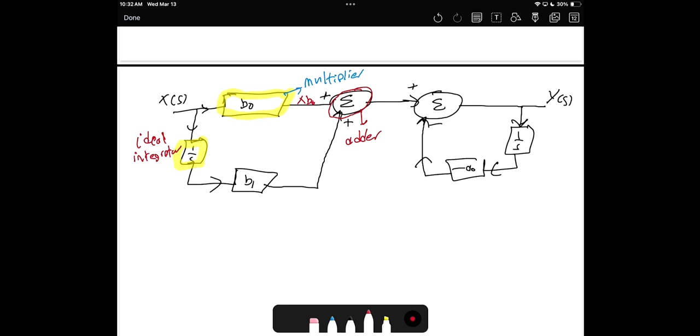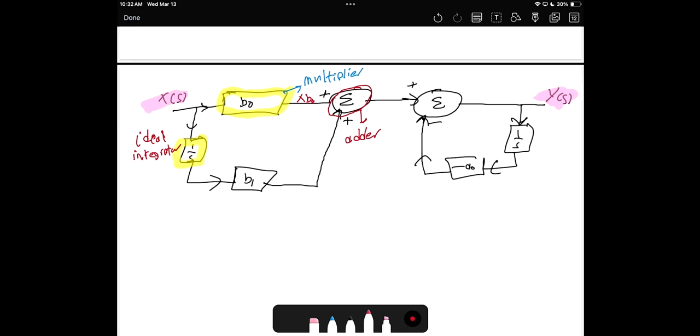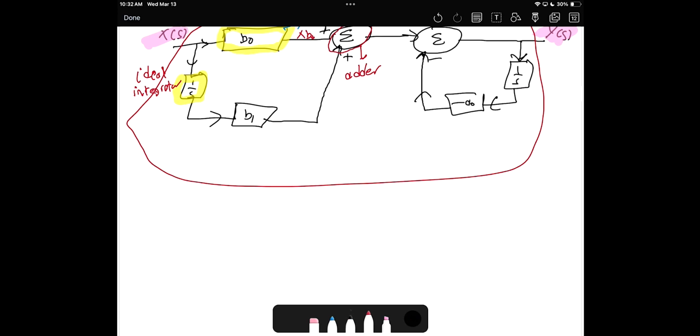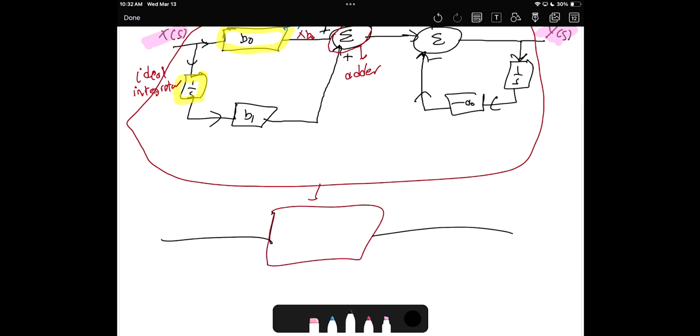So how can we solve this type of circuit to find the transfer function? Every time we say find the transfer function, we need to find the relationship between inputs and outputs. Then basically, we need to model all of this as output over input. So here is x of s, y of s.